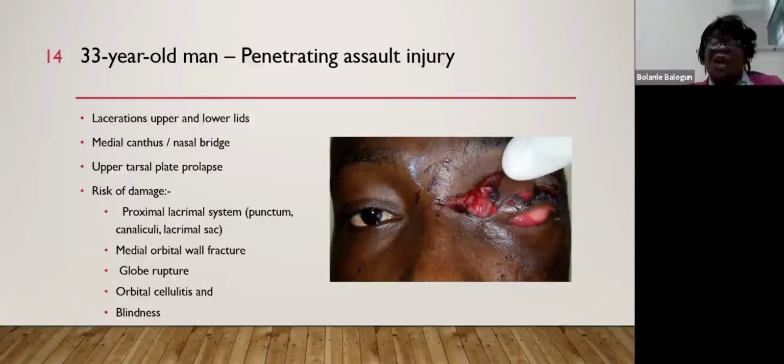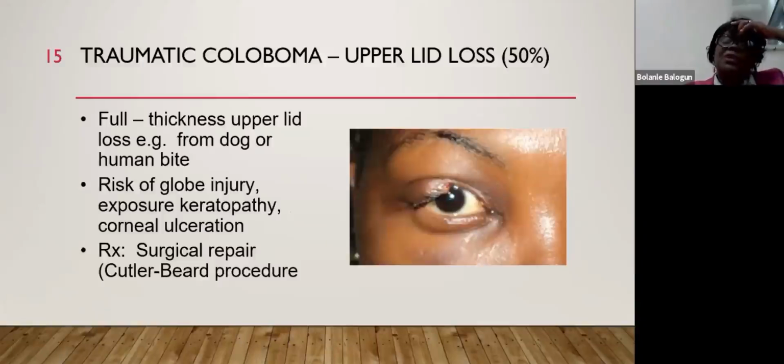We never know how far this knife can go. It can even go as far as severing the optic nerve, causing an optic nerve avulsion injury. So all of this we must have in mind. Watch out for them and do the necessary investigations to help us arrive at a good conclusion and then properly manage this patient.